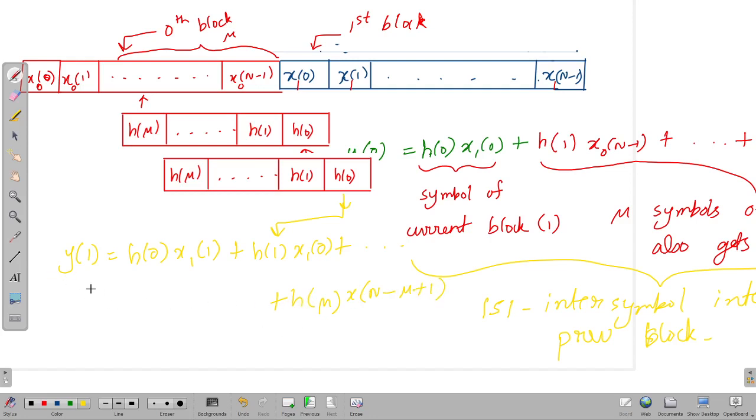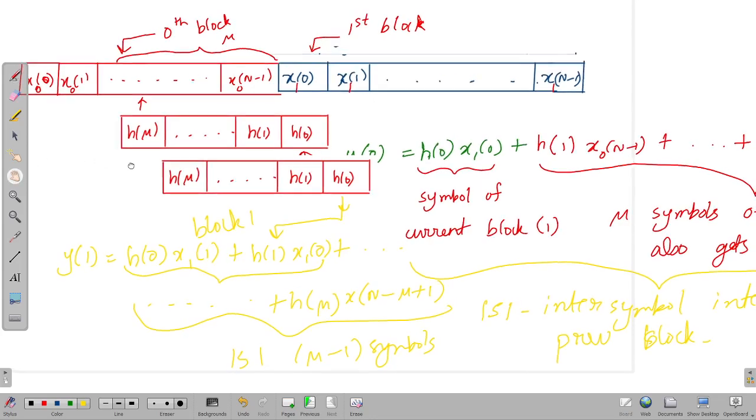Here there is again ISI. These are symbols belonging to block 1, and the rest of the addition terms you have as ISI. Mu minus 1 symbols from the previous block get added.